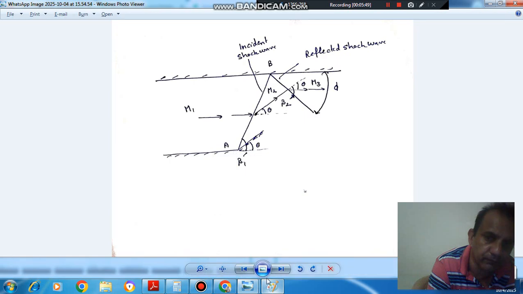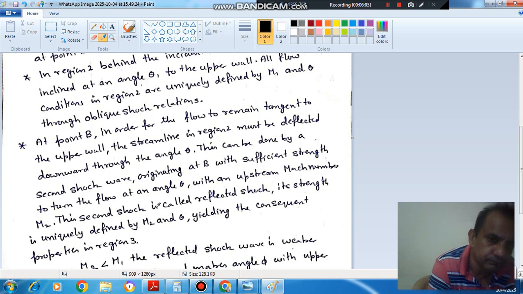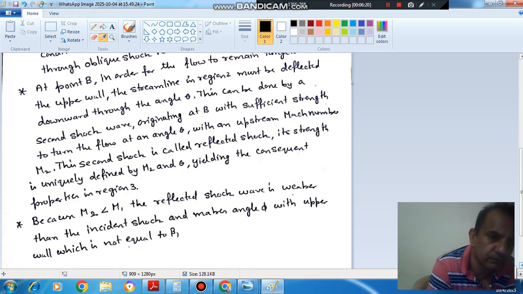So here we will find this Mach number M3 by applying the condition M2 and deflection angle theta to get M3 and all other conditions in this region 3. This second shock is called the reflected shock. Its strength is uniquely defined by M2 and theta, yielding the consequent properties in region 3.